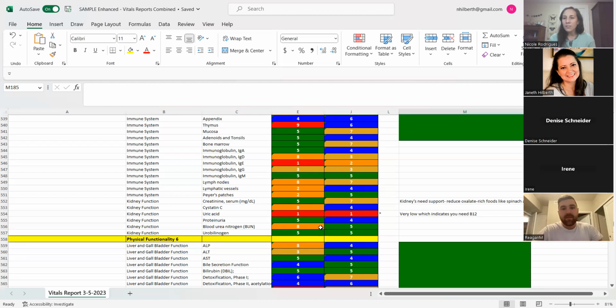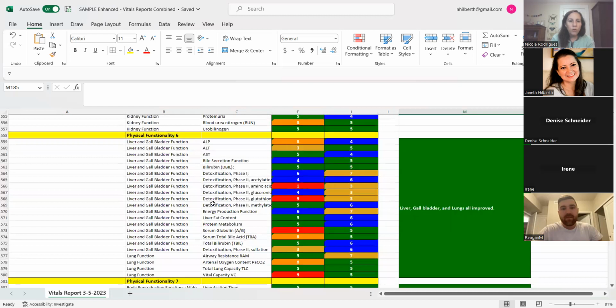And he said, actually, I have a kale and spinach smoothie every single morning. So you think you're doing something good for you, but it's everything in moderation. And the AO caught that this was actually harming his kidney health a little bit. So he's taking a break from that and switching it out to do another healthy option for a smoothie in the morning, but eliminating the oxalate rich foods.